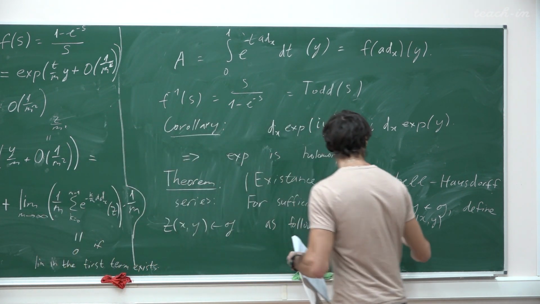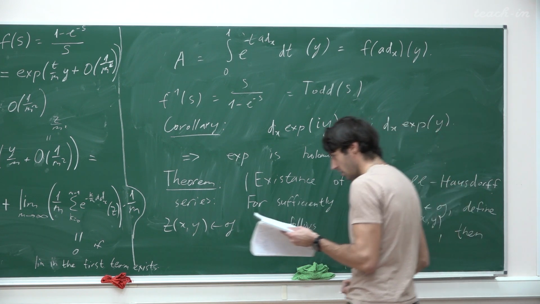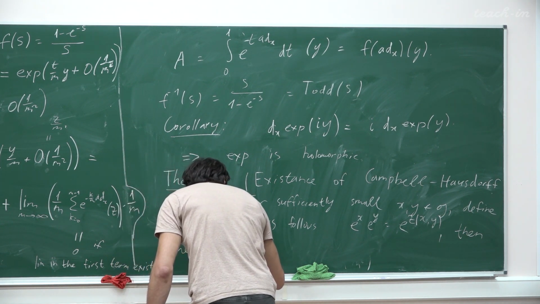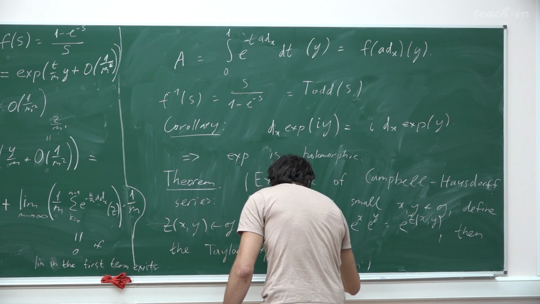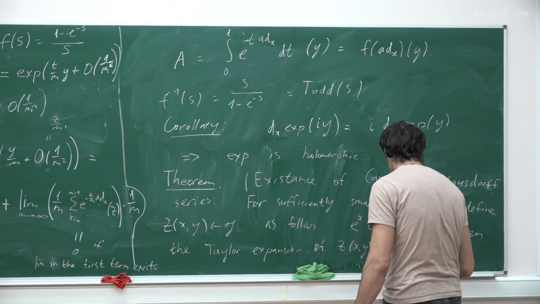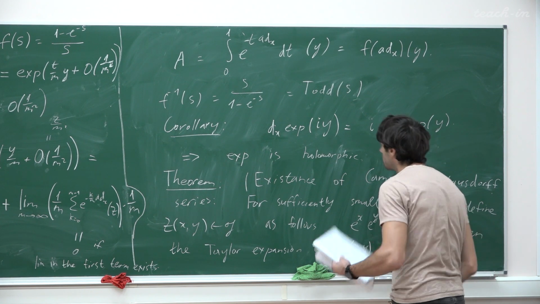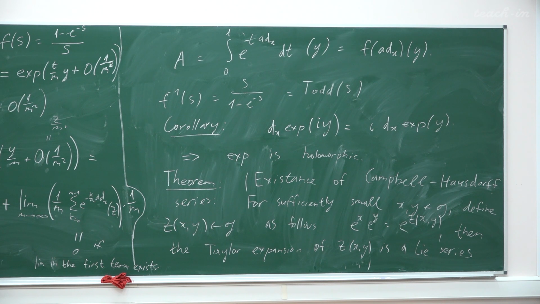So the Taylor expansion of z is a Lie series. And what it means, we also discussed last time.